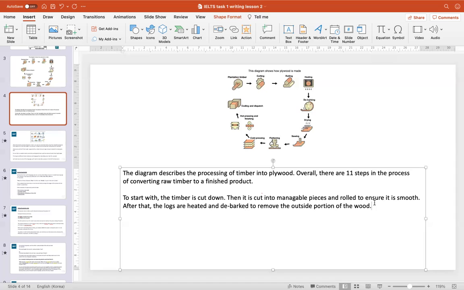Yes. Once this has been done, what happens next? We need to dry the logs and saw them. Yes, sawing them.